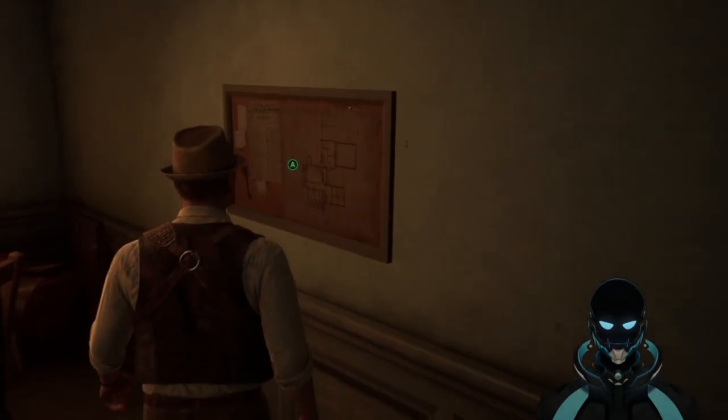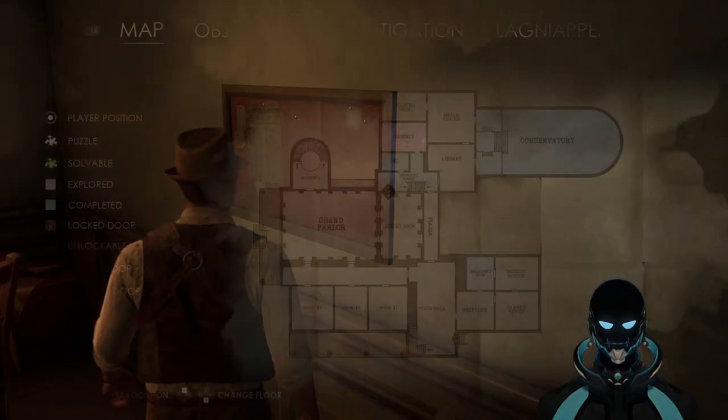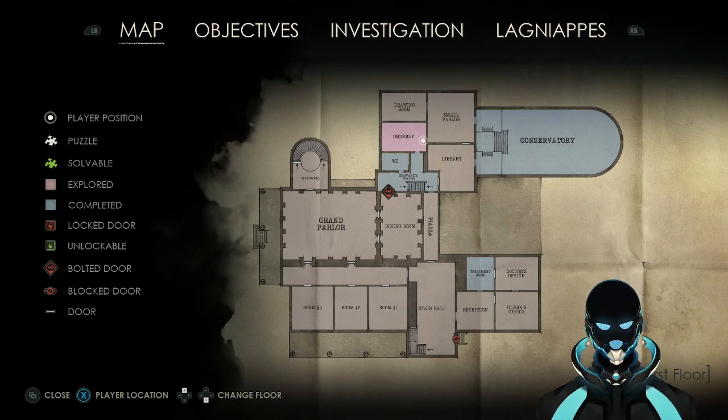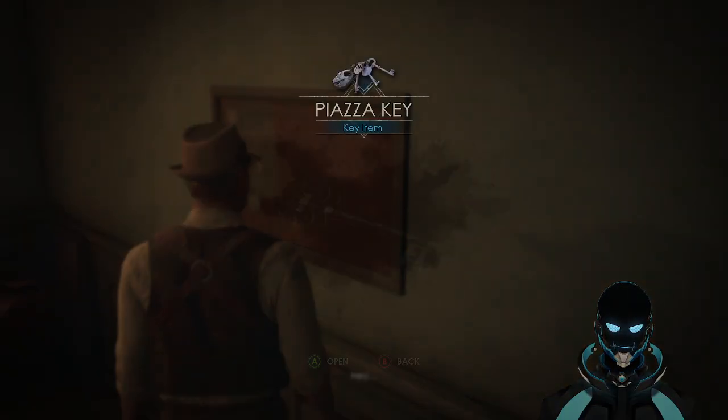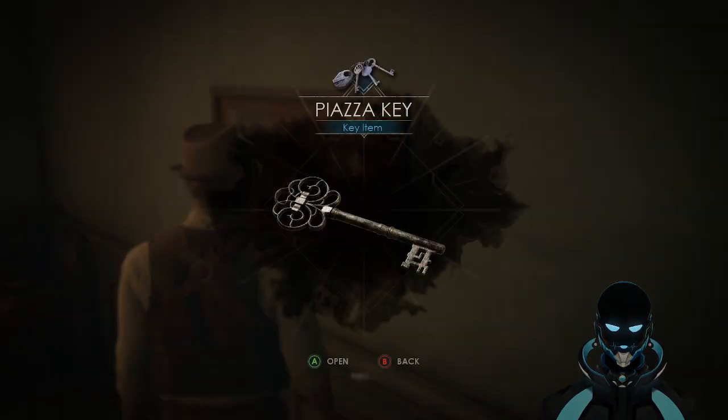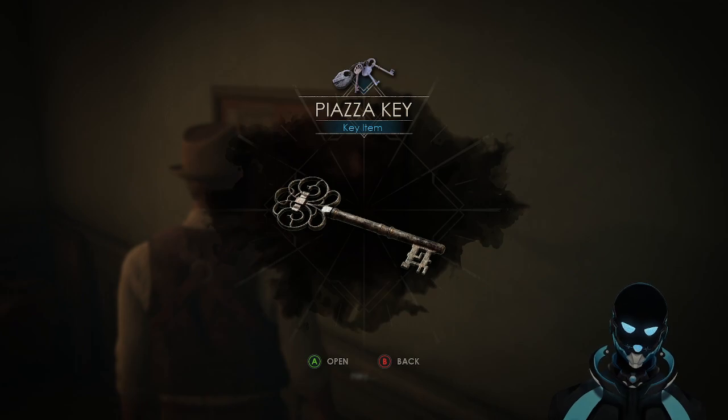Map. Ooh, is it a Resident Evil map? Is it showing me that I found everything in this room? So that said pizza key. I was about to be very excited.